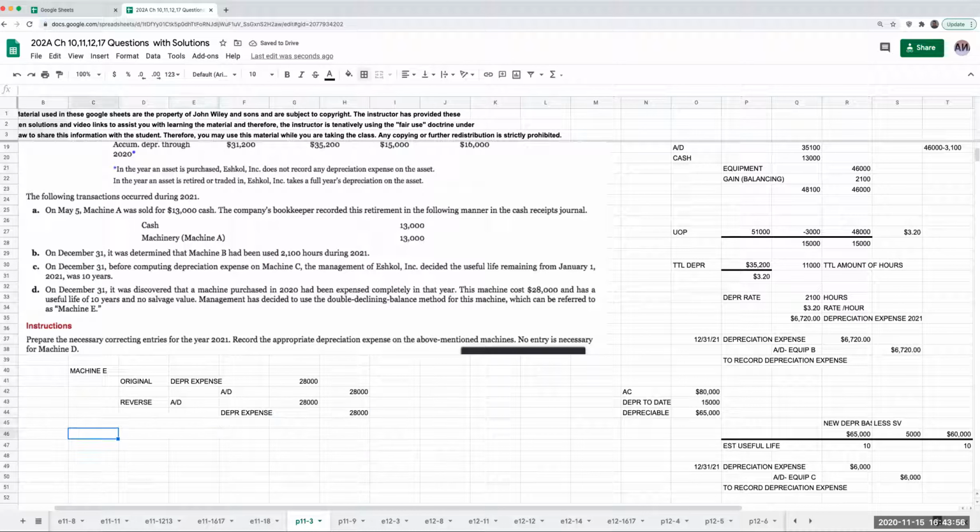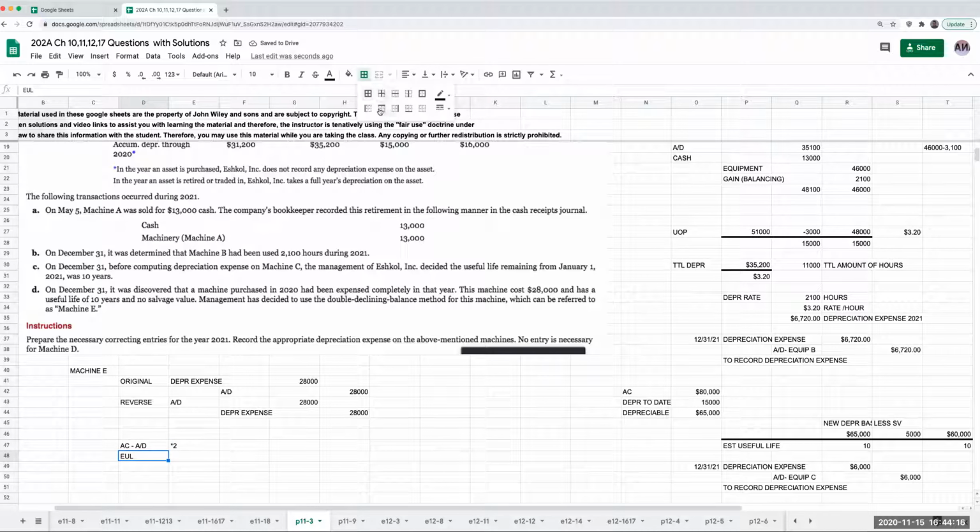So if I'm doing double declining balance, this is going to be my acquisition cost minus the accumulated depreciation taken to date, which is going to be 0 for this year. I'm dividing this by the estimated useful life, and I'm multiplying this by 2.